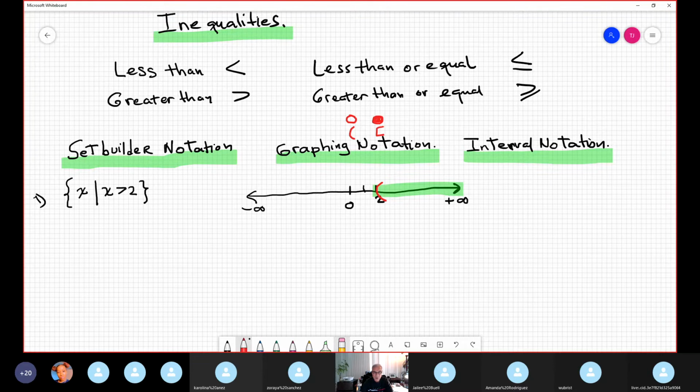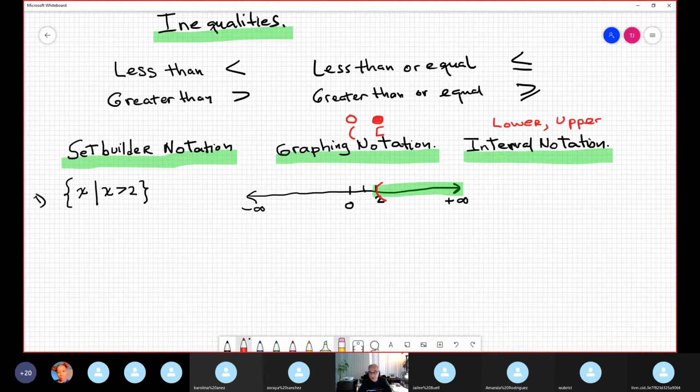The bracket, or full circle, includes, and parentheses, or empty circle, do not include. Okay, this is the representation of the graphic notation, and the interval notation is super easy. You always copy the lower bound, comma, upper bound.